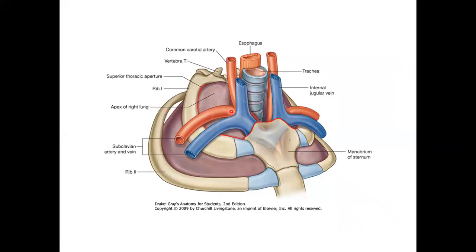So this is the area that's deep to it. Because of the apex of the lungs there, if you get injured or stabbed in that area, you run the risk of piercing the lungs because the apex of the lungs come up so high. They come up way higher than people realize. So if there's an injury to that subclavian triangle, you run the risk of injuring the lungs too.